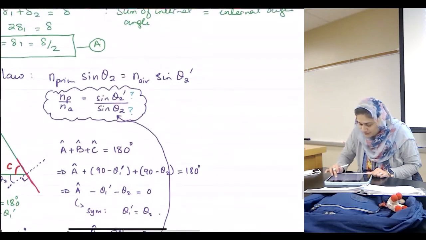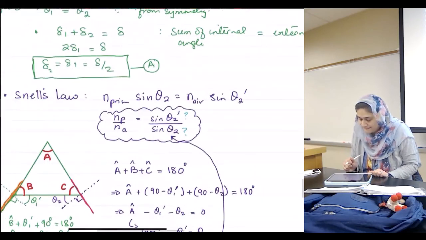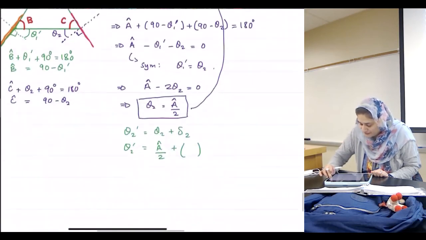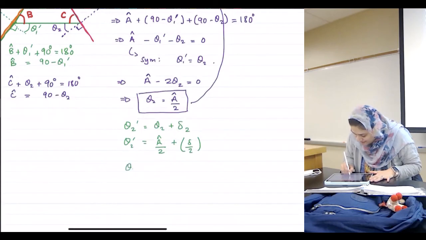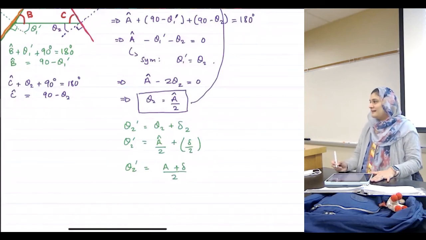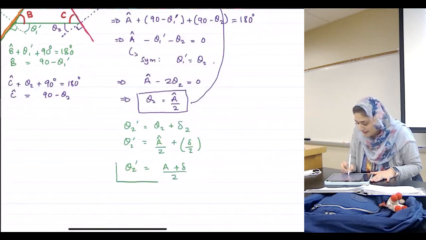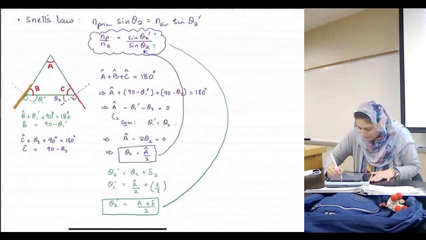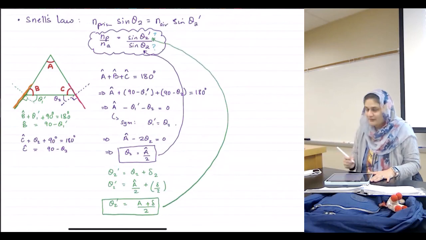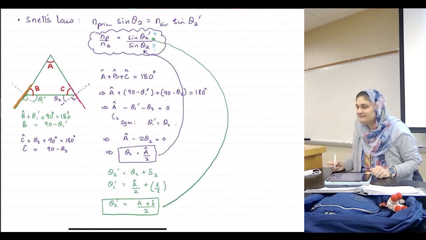Going back here, we solved for it in equation A. What was that? Delta over 2, right? So theta 2 prime will be what? And what were we looking for in the star bubble? Both of those angles?